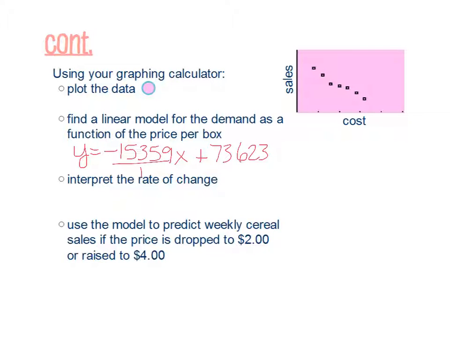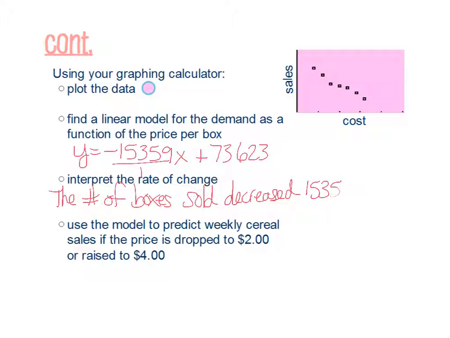If you look at your units on this, this was number of boxes, this was in dollars. The rate of change then would mean that the number of boxes sold, since it's negative, it decreased 15,359 for every $1 of price increase.